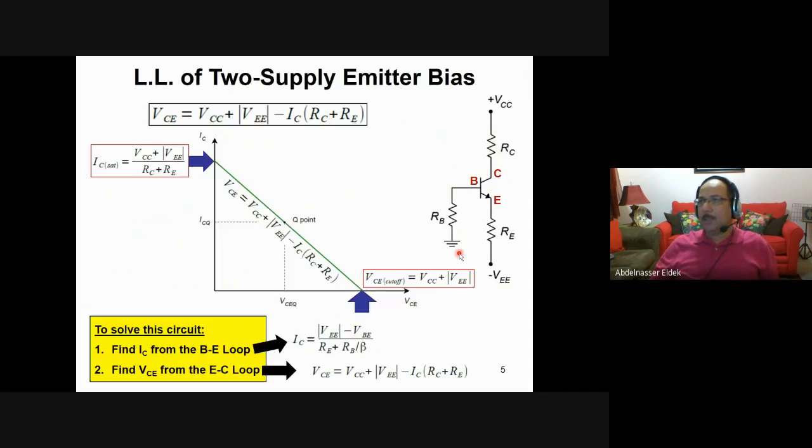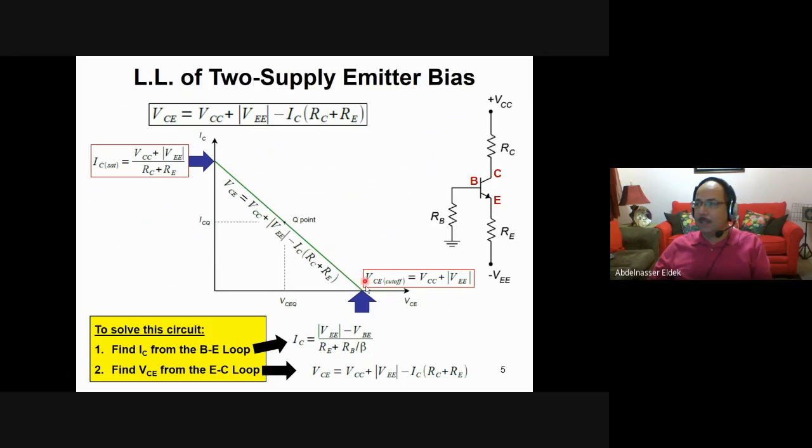So let us see here, what does the load line look like? If this is the equation, the load line will be very easy. If VCE is 0, then IC equals VEE plus VCC divided by these two resistors. So here is the saturation current, this point here, when VCE equals 0.